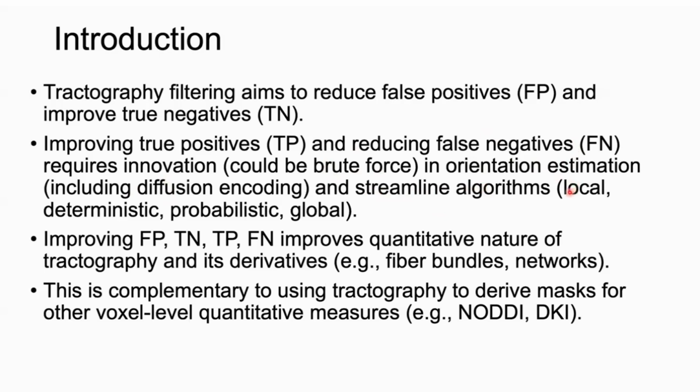Most streamline algorithms are local, meaning you are integrating in a vector field. You do that n times if you want n streamlines, and you could do that integration deterministically or probabilistically. The vector field itself could be probabilistic.